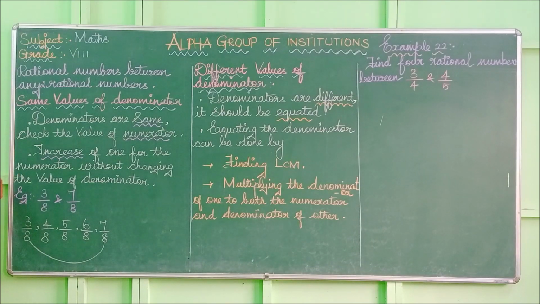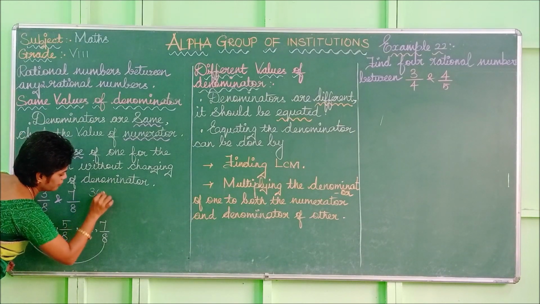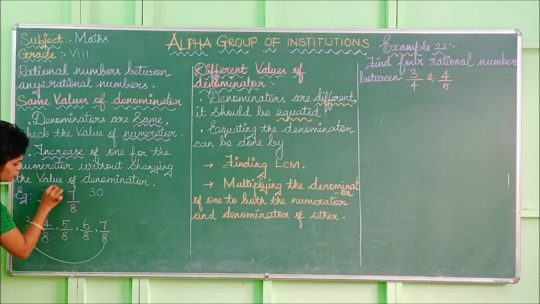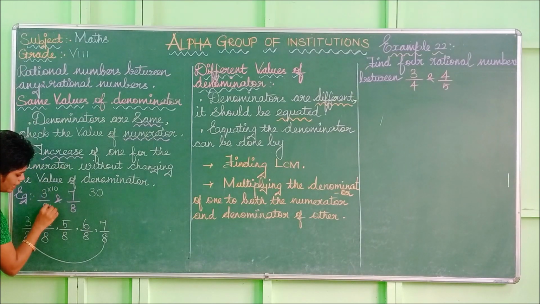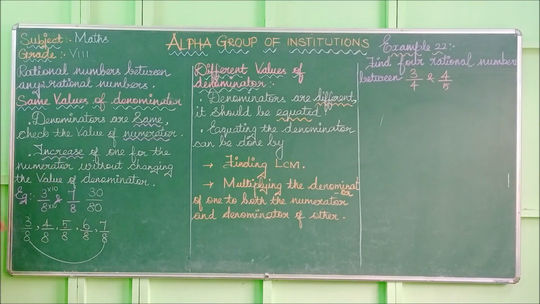So if you multiply the numerator and denominator by 10, 3 into 10 is 30, and 8 into 10 is 80. So listen carefully. Simply we can write 3 numbers from this, but since they ask to find more, we have to multiply both numerator and denominator by 10.